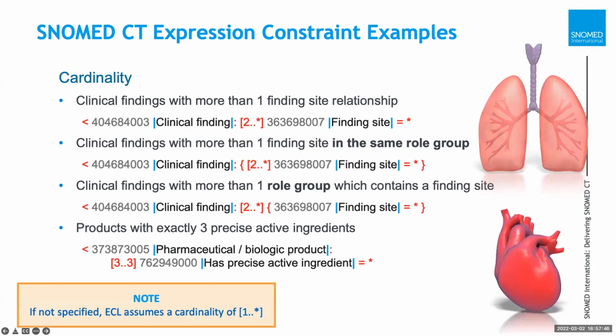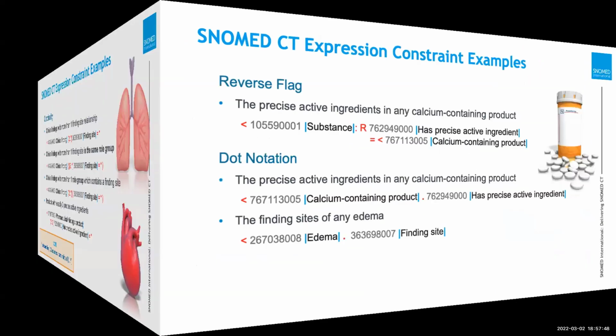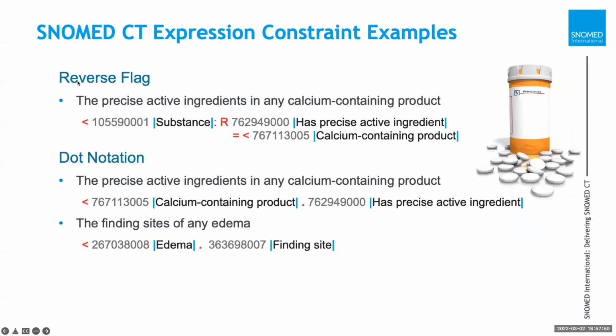There are different things that you would want to query. And then there are also reverse flags and dot notation, which are more advanced features in the expression constraint language, but you can look at the examples here. Up here, we use the reverse flag to find the precise active ingredients for any calcium-containing product. So in this case, we use the attribute relationships in reverse.